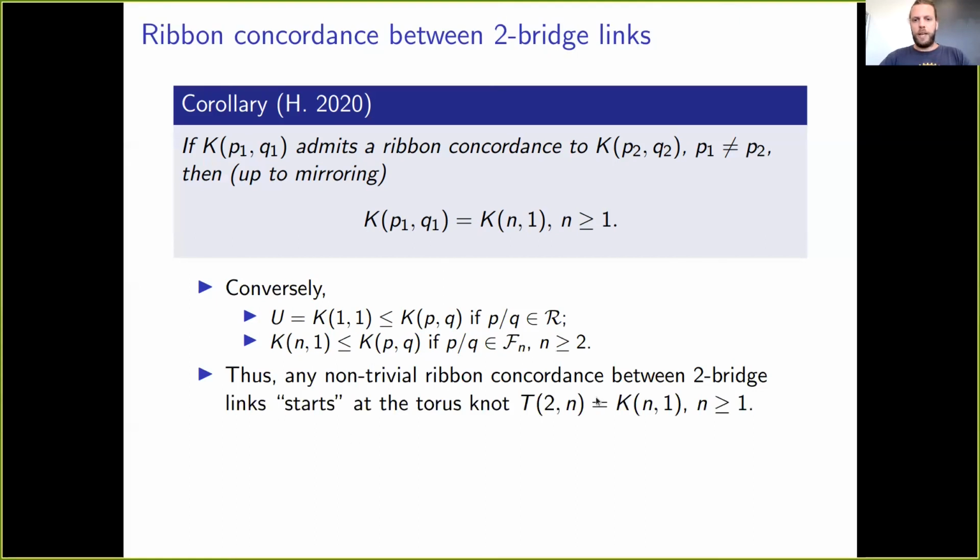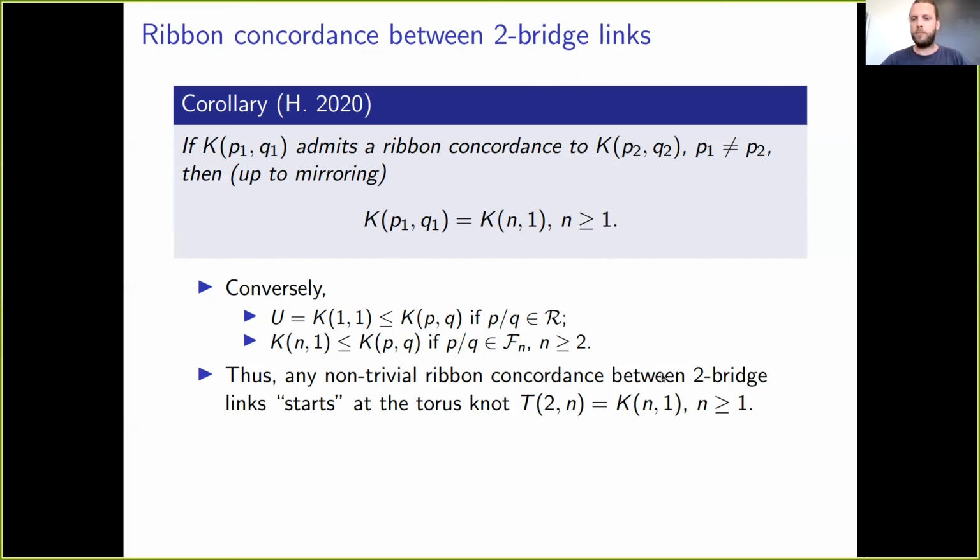Again, we can paraphrase this result to say that any ribbon concordance between two-bridge links actually has to start at a two-bridge link of the form K(n,1), which happens to be the T(2,n) torus knot. So typically, if you're given a concordance between two-bridge links, chances are low that it's going to be a ribbon concordance.